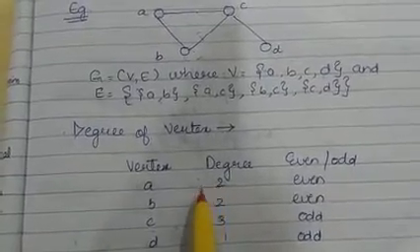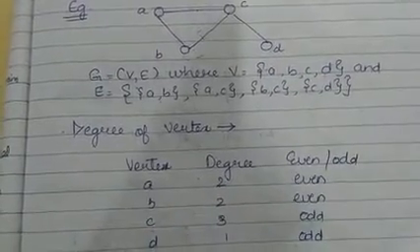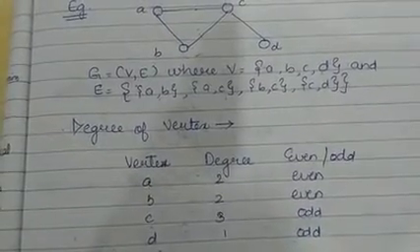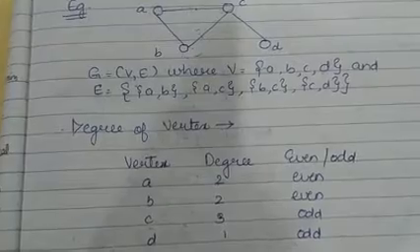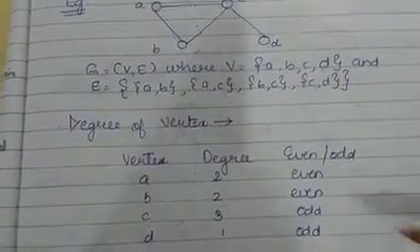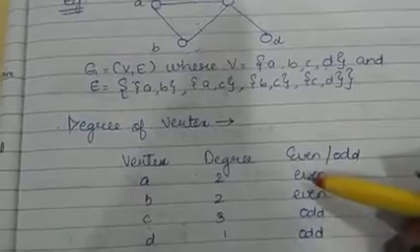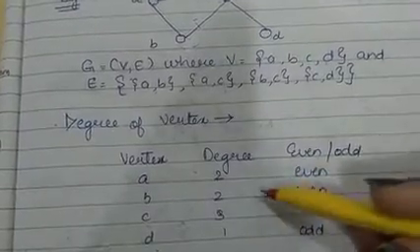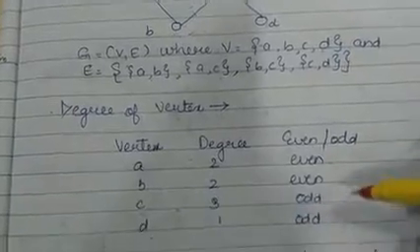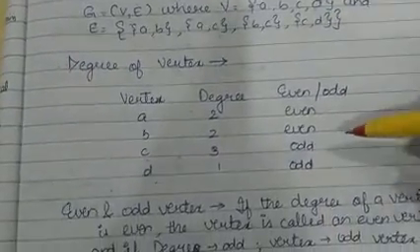Now, is the degree even or odd? How can we find that? As in simple numbers, we know that 1, 3, 5, 7, 9 are the odd values, whereas 2, 4, 6, 8, 10 are the even values. So here, if the value is 2, then it is even. 3 is marked as odd and 1 is marked as odd. So what are even and odd vertices?